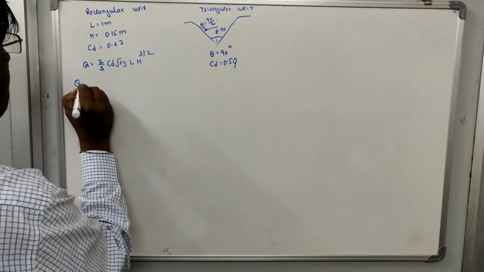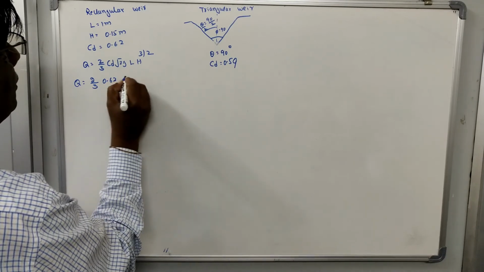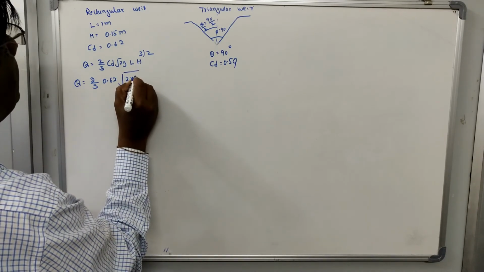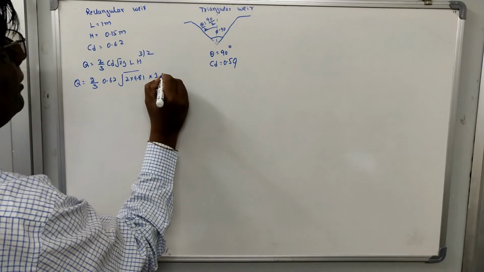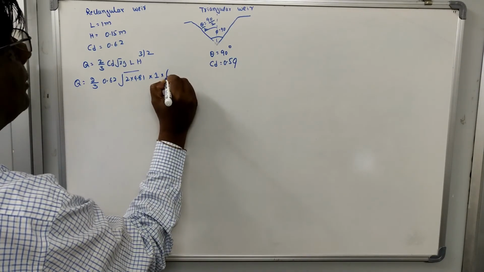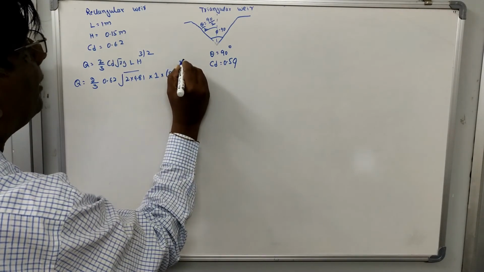Q is 2/3 CD, CD is 0.62, root 2 into 9.81. Length of the weir is 1 meter. Then height of the water above the sill is 0.15 raised to 3 by 2.